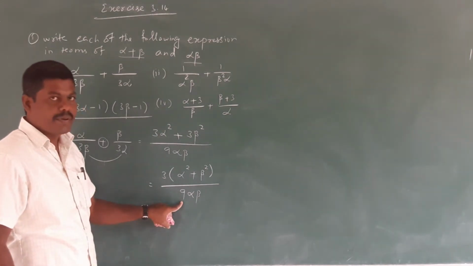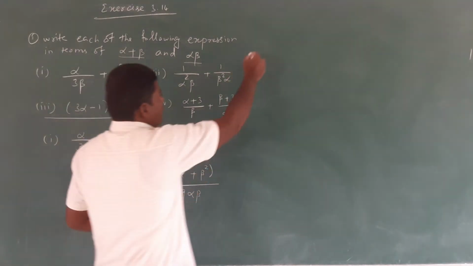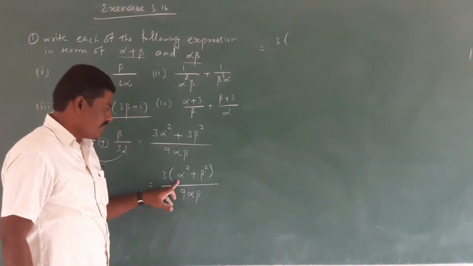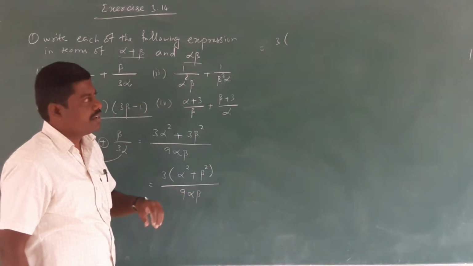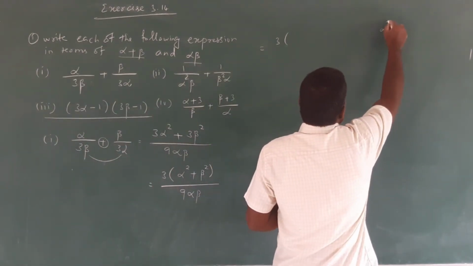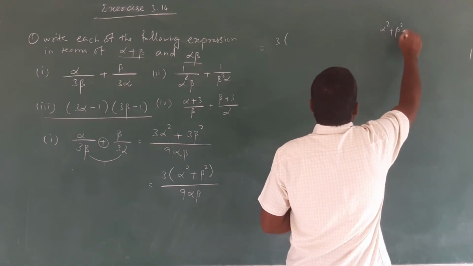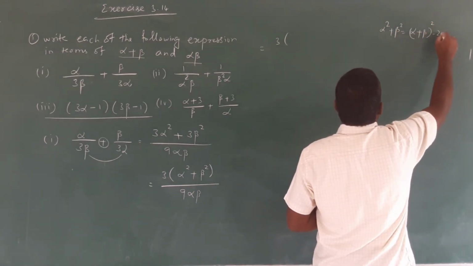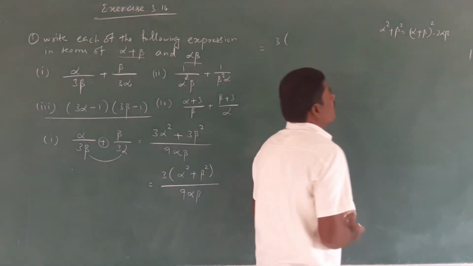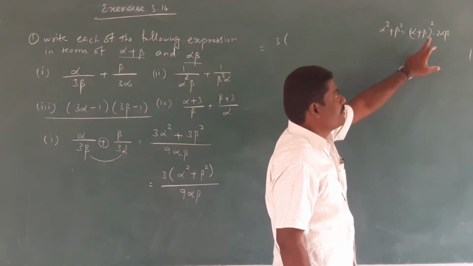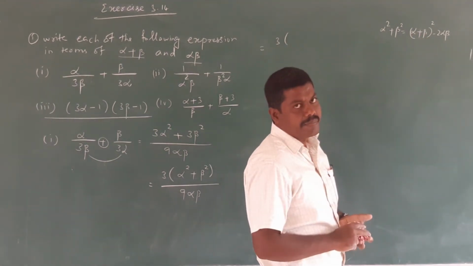So denominator no problem. Numerator: 3 of this, you can write alpha square plus beta square. We have a formula: alpha square plus beta square is equal to alpha plus beta the whole square minus 2 alpha beta.